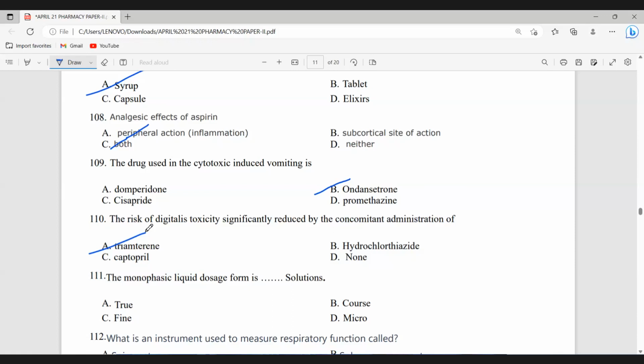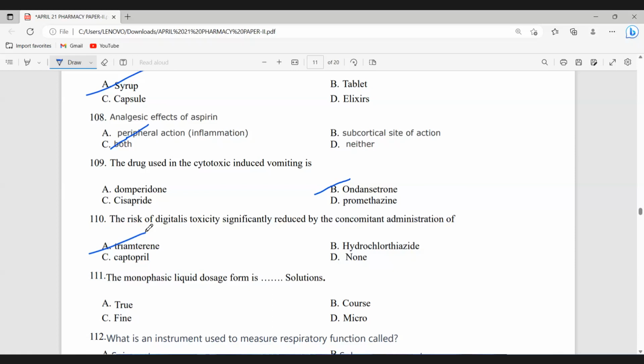So it is not recommended to be used concomitantly with digitalis.